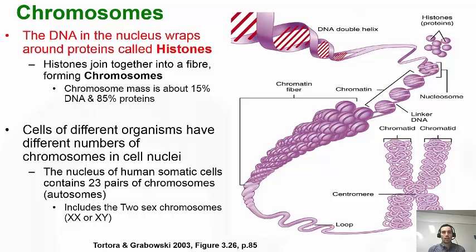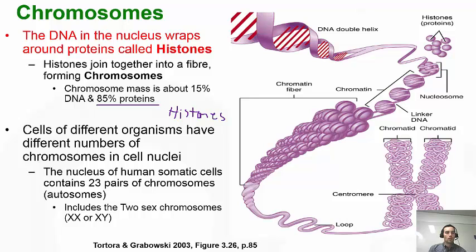So the string is our DNA and the golf balls are our histone proteins, and we're using these to basically condense our DNA so we can house it more easily within the nucleus. So you can see that the chromosomes are actually mostly made up of these proteins, which are our histones. So we need a lot of these to help us wrap our DNA around it.